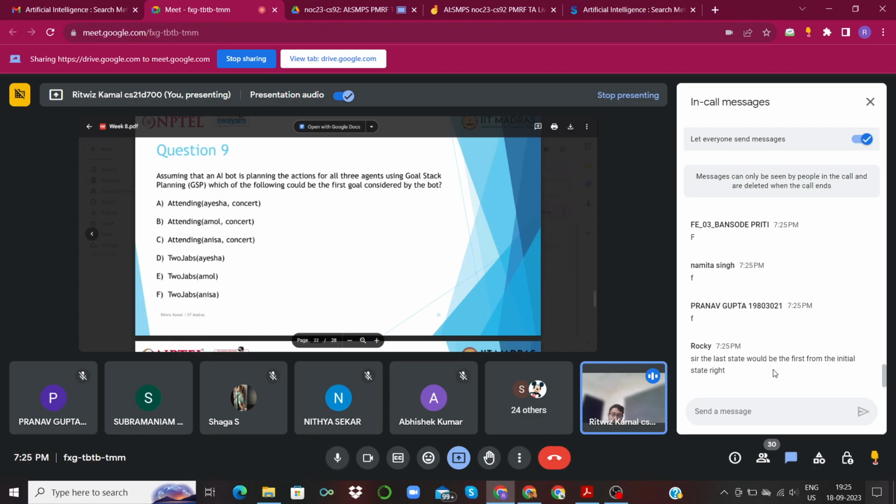Let me just read this message in the chat box. The last state would be the first from the initial state, right? The last state would basically be either the initial state or some part of the initial state that is relevant to the sub goal that you're trying to find a plan for.